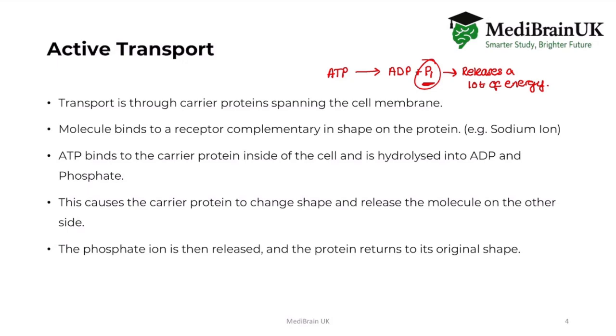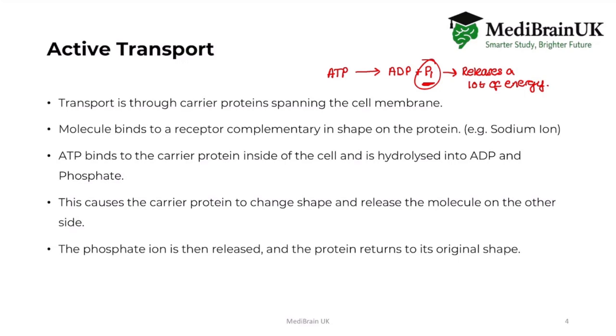Molecule binds to a receptor. ATP binds onto the inside of the protein, the carrier protein or the channel protein. ATP is hydrolyzed into ADP and phosphate. Phosphate attaches to protein, causing a change in shape, releasing the energy.